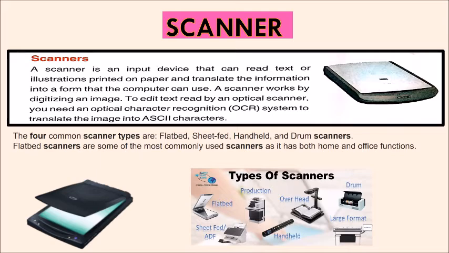A scanner is an input device that can read text or illustrations printed on paper and translate the information into a form that the computer can use. The scanner works by digitizing an image. To edit text read by an optical scanner, you need an optical character recognition, that is OCR, system to translate the image into ASCII characters.